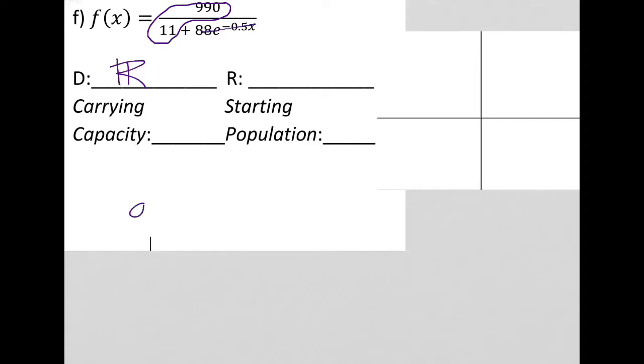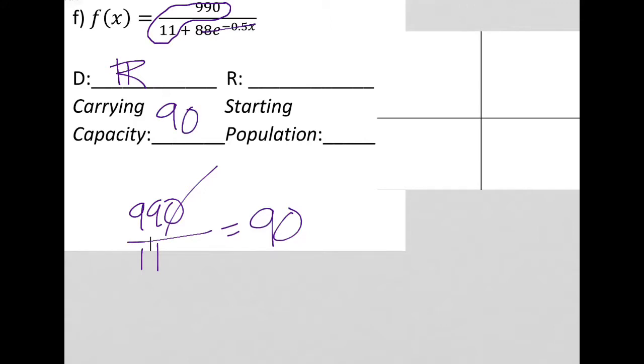So I get 990 divided by 11. Well, think of 99 divided by 11 is 9, but I have that 0 there. So the carrying capacity is 90 right there. So that tells me that my range is 0 is less than y is less than 90. You could also say 0 to 90 like that.